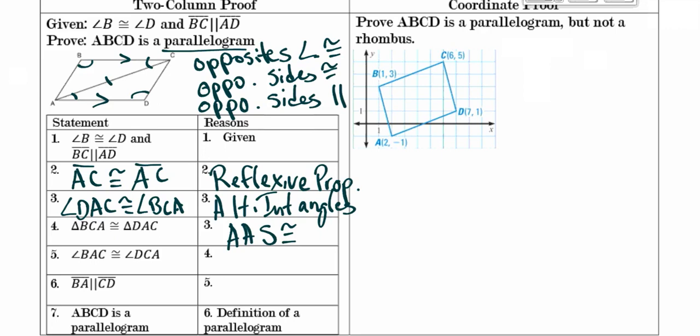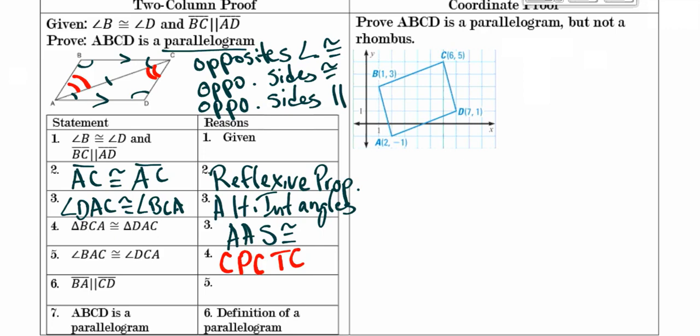Now that I know the triangles are congruent, angle BAC and angle DCA are congruent. Does anyone know why those have to be congruent? Yeah, CPCTC. Corresponding parts of congruent triangles are congruent.